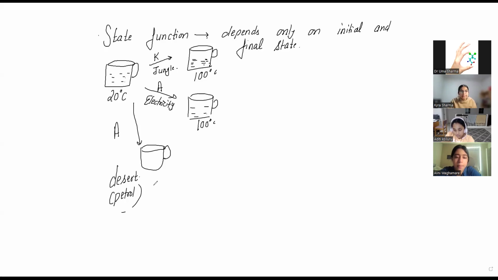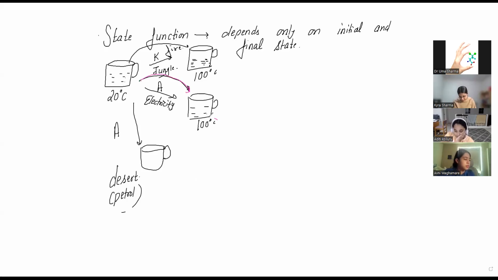How? Yeah, matchstick. So you will burn the wood and heat this cup of water and raise the temperature using fire from the dry woods of the jungle, right? And Aditi, you will use a heater.